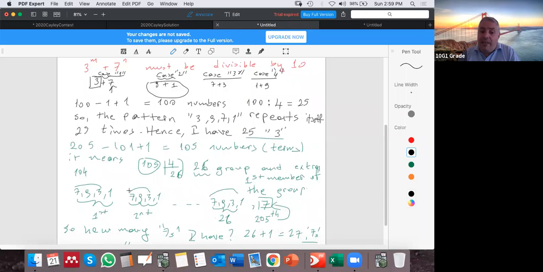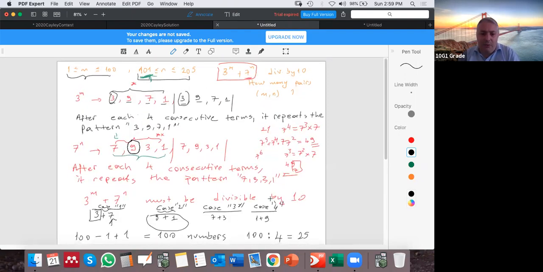So how many 7s do I have? 26. I am looking for 9, right? Not 7. 7 I finished. I am looking right now for 9. Is this case 2? Yes. The first one is 9. Second one is 1. So 9 is 25. 9 is here by using the 3.